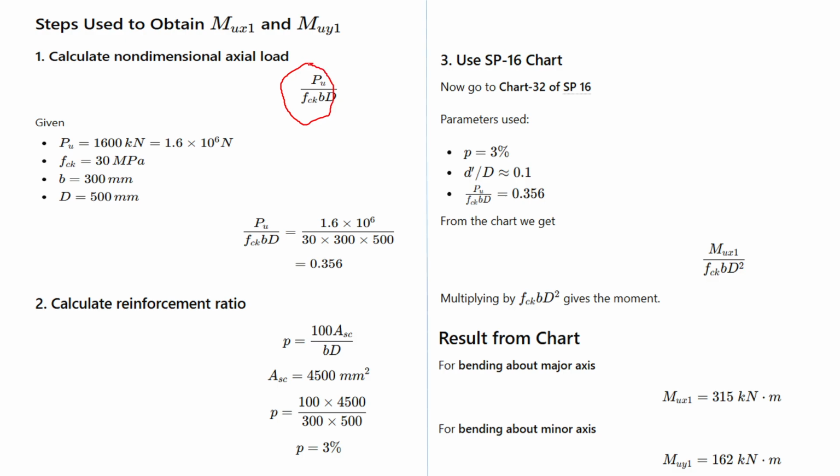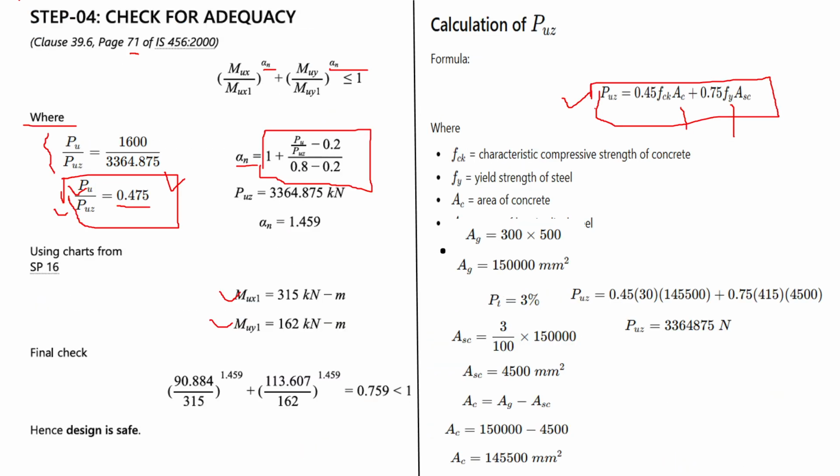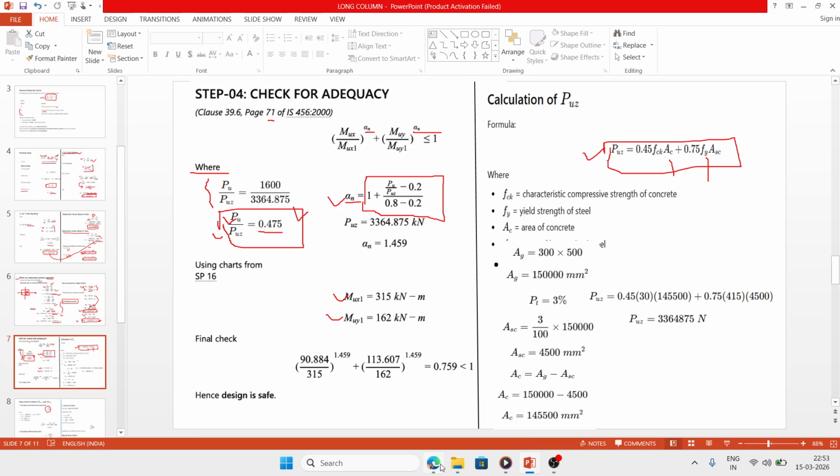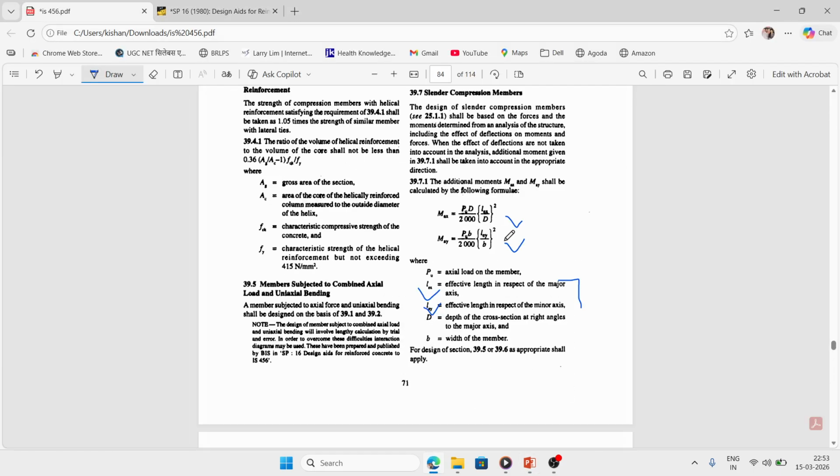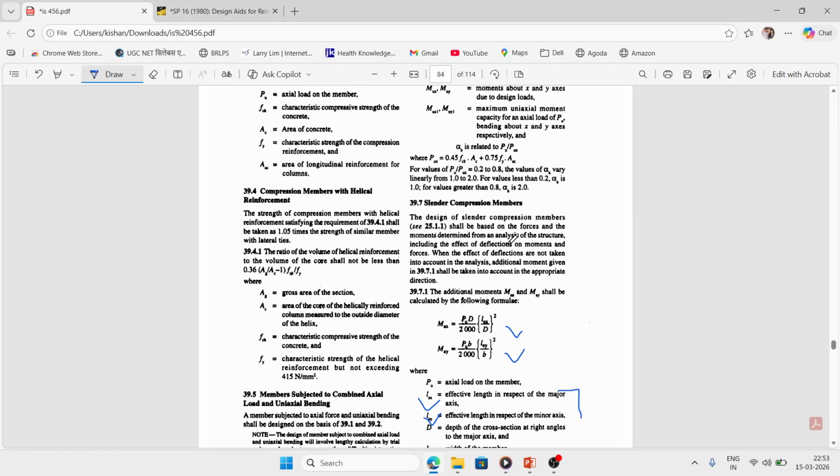First I will check whether this formula is given and how you find out the AN value. So I will go to page number 71 of IS 456. See here.